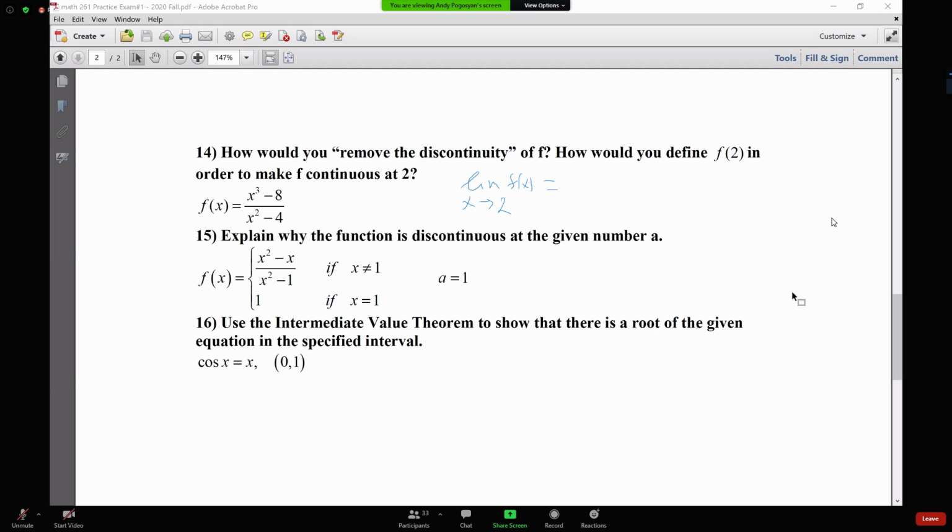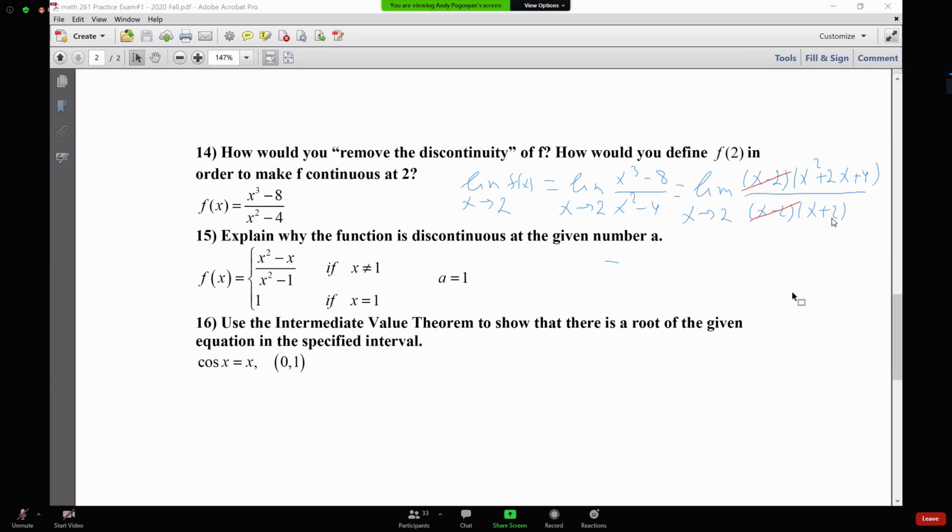So the limit is x cubed minus 8 over x squared minus 4, x approaches 2. So you have x minus 2, x squared plus 2x plus 4 over x minus 2, x plus 2, x approaches 2. 2 makes 0 numerator and denominator, so these two are gone.